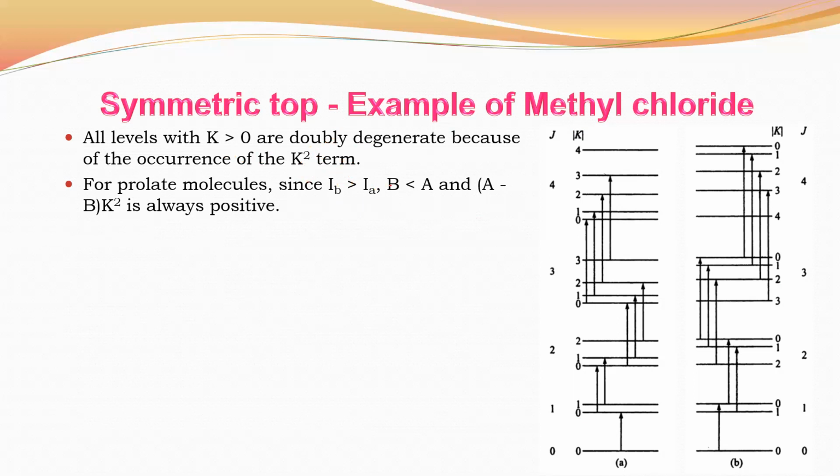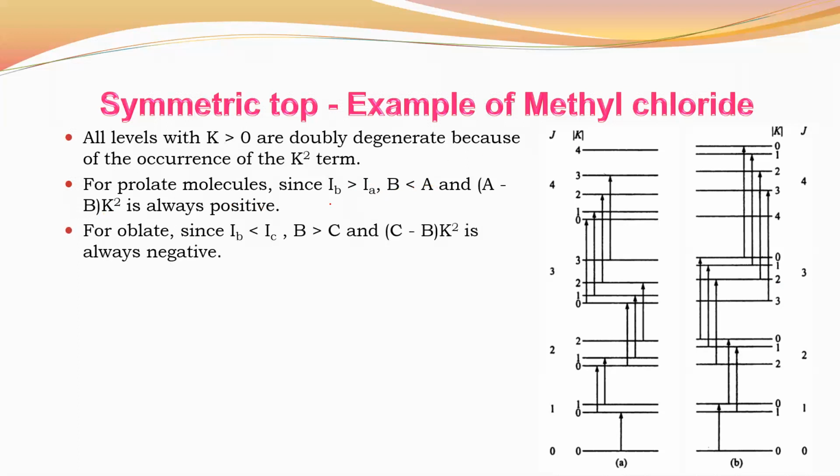And in the case of prolate, (A minus B) into K square is always positive because B is less than A. And for oblate, B is greater than C, then (C minus B) into K square is always negative.